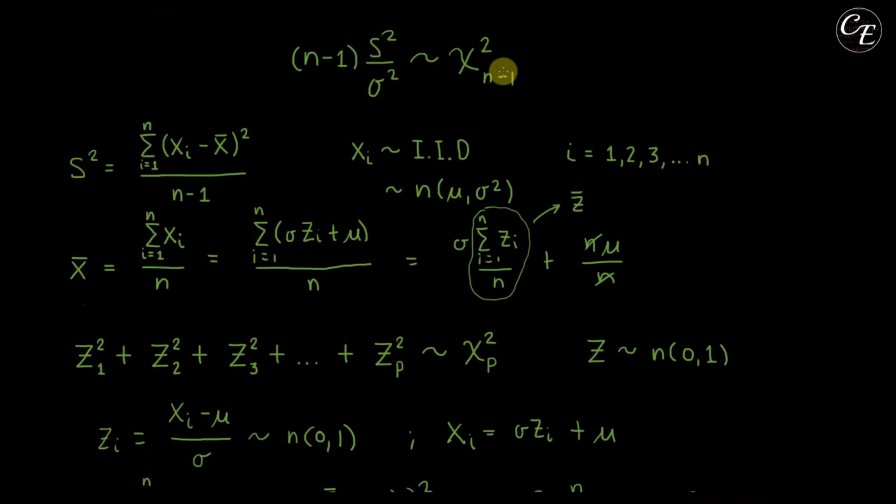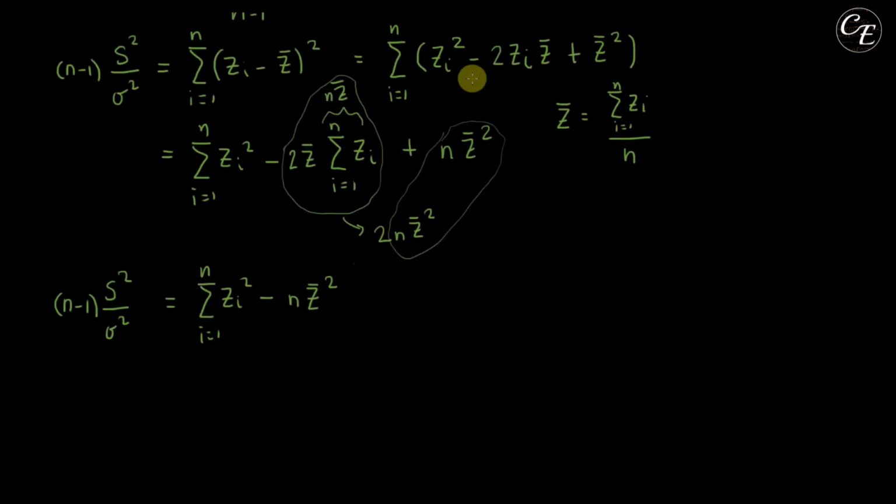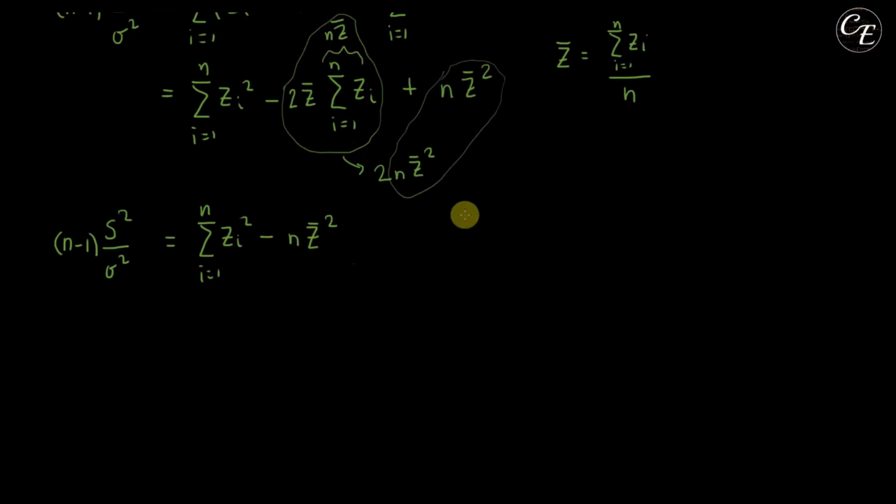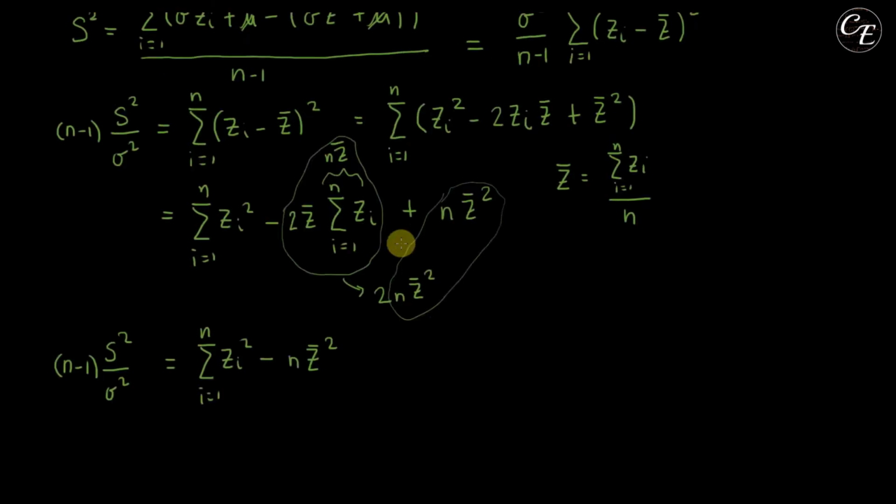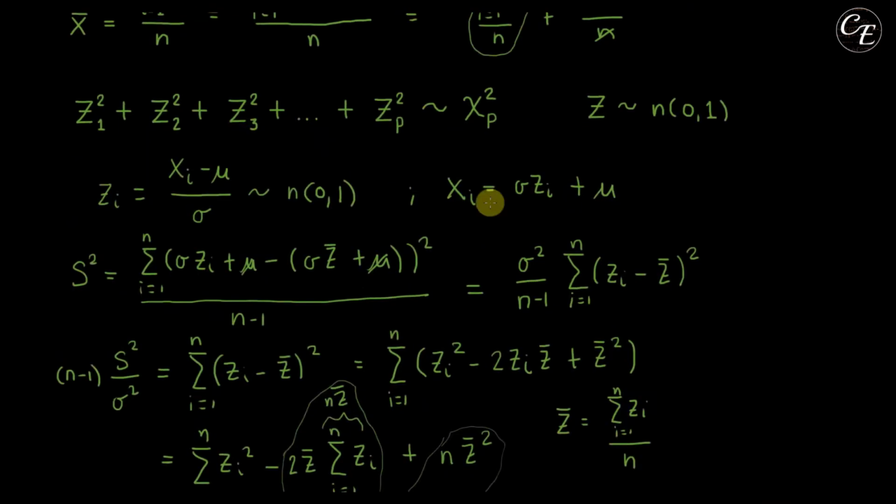So what we're going to do is prove that this one has this distribution. We're going to prove this one has a chi-square distribution with n minus 1 degrees of freedom. Now you might think, why not check if these terms in here have a standard normal distribution? If they do, then we will have a summation of squares of random variables with standard normal distributions, and then using this theorem we can have a chi-square distribution.